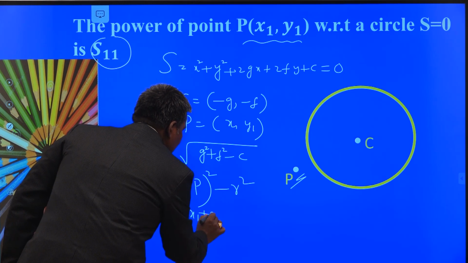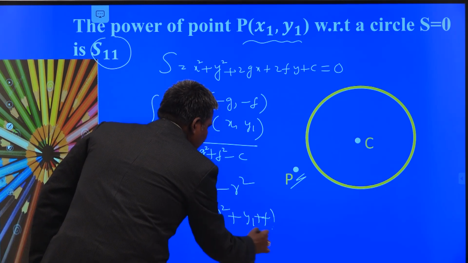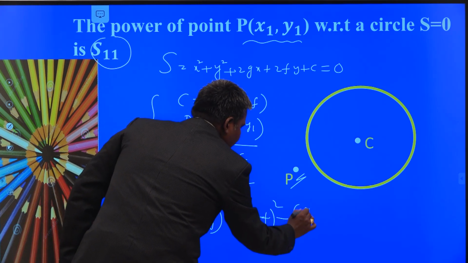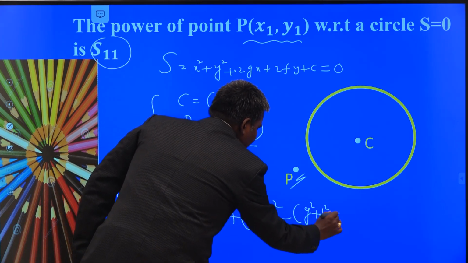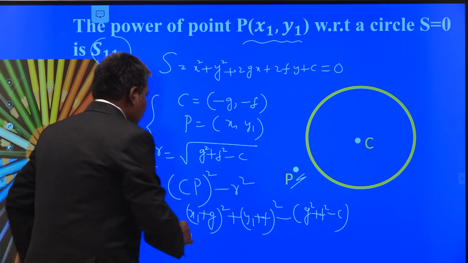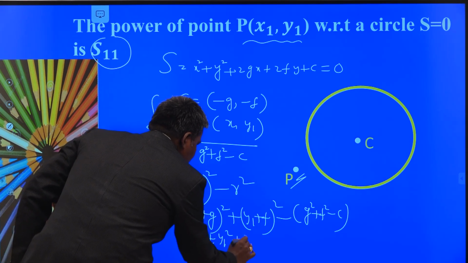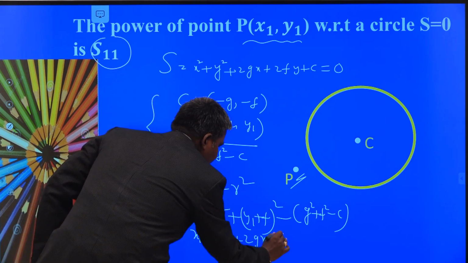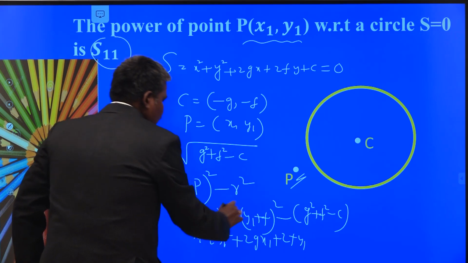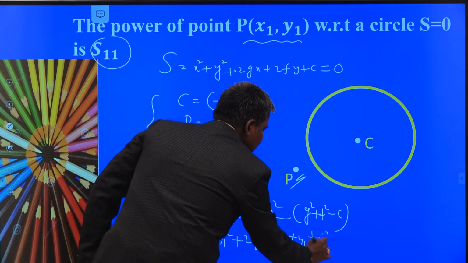(x1 plus g) whole square plus (y1 plus f) whole square minus (g square plus f square minus c). Just expand this one. What do you have? x1 square plus y1 square plus 2gx1 plus 2fy1. g square gets cancelled, f square gets cancelled, minus into minus plus c.